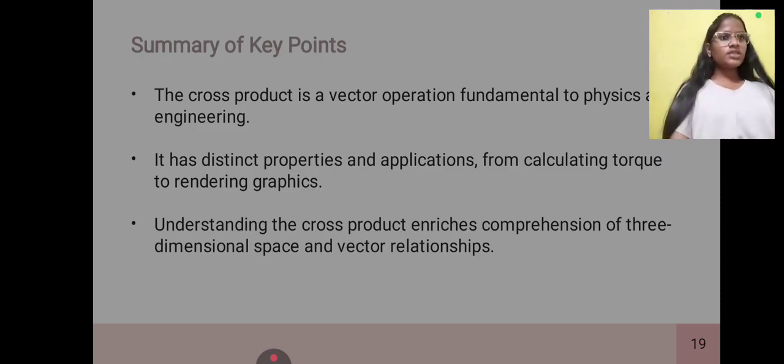Understanding the cross product enriches comprehension of three-dimensional space and vector relationships.